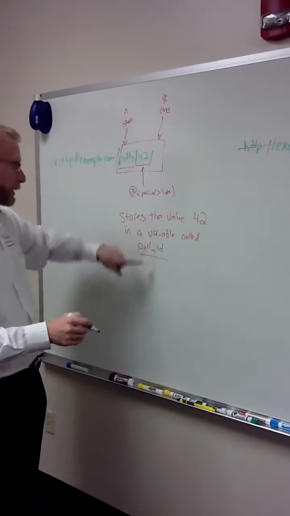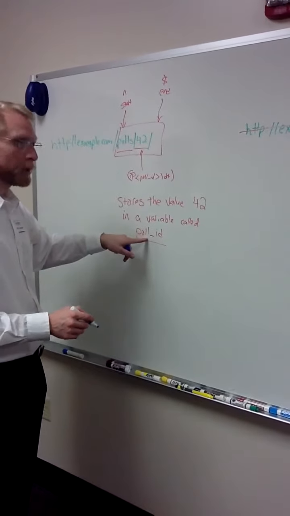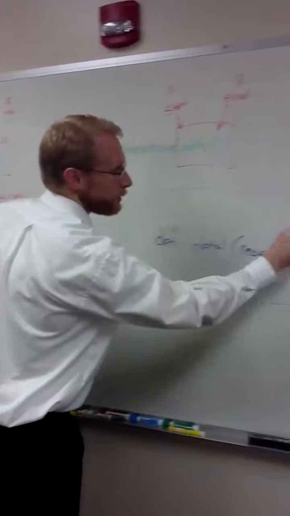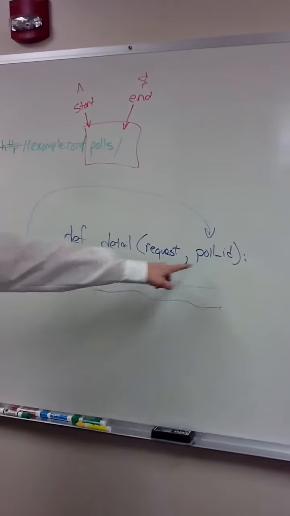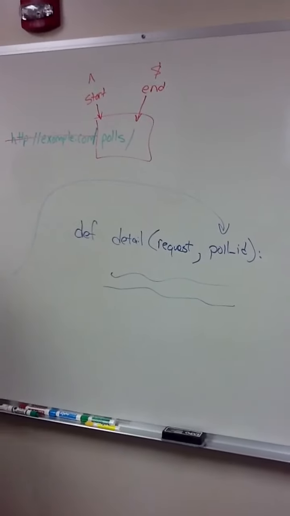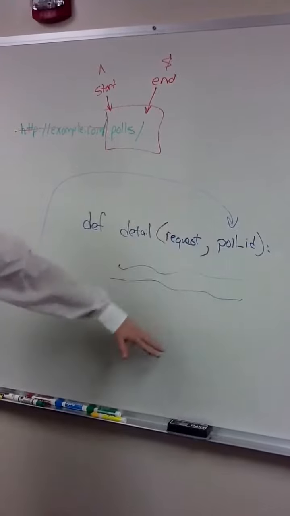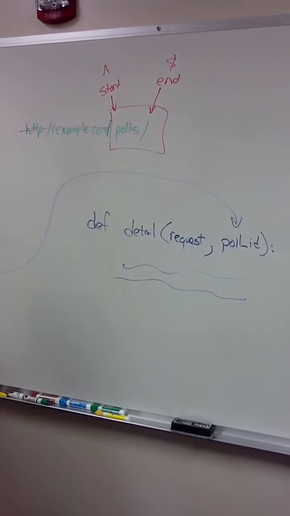This URL captured the 42 and stored it in poll_id. In that view, it gets passed in via this parameter. So somewhere in this, you could do a query that pulls out the poll whose database ID is 42.